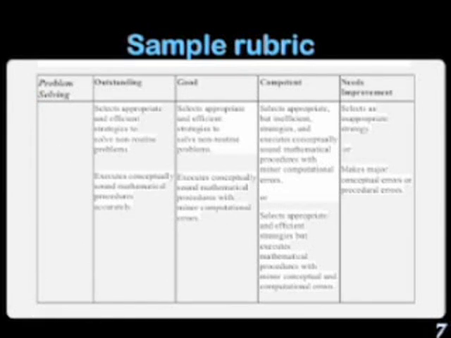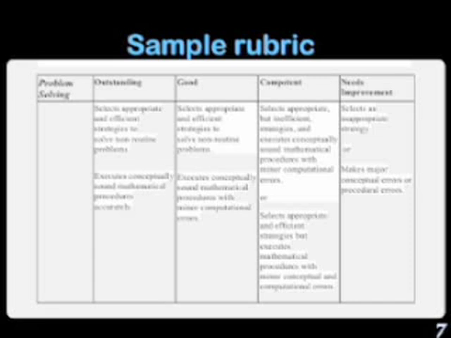Here's a rubric. This is another one of those rubrics from the New York Performance Assessment Consortium, this one for mathematical problem solving. You can see the problem in a slightly different way. The rubric doesn't really tell you how good is good enough.